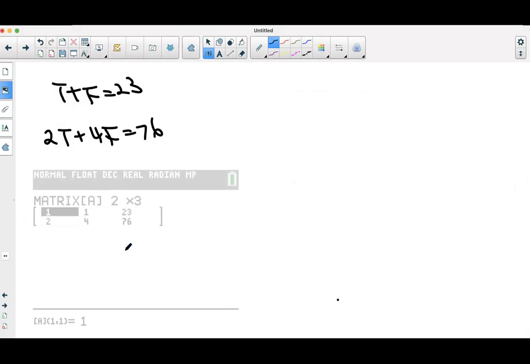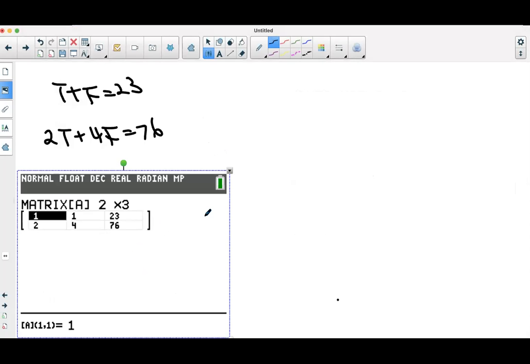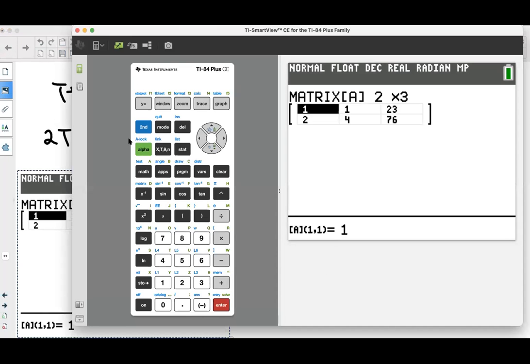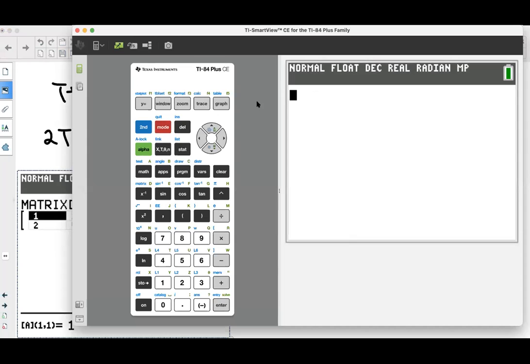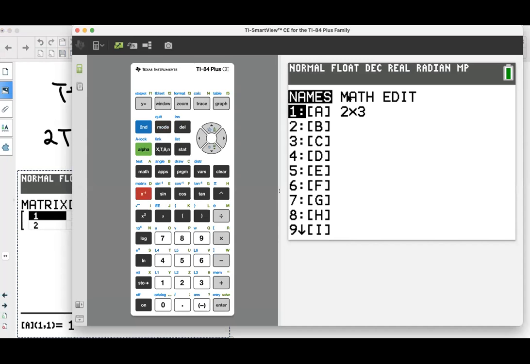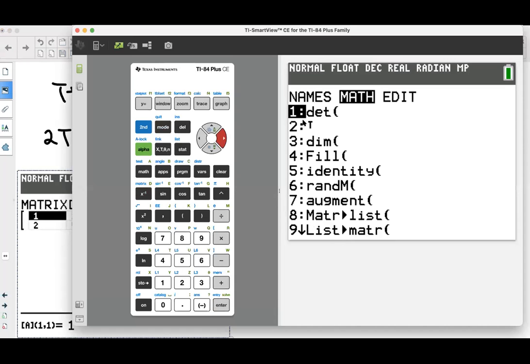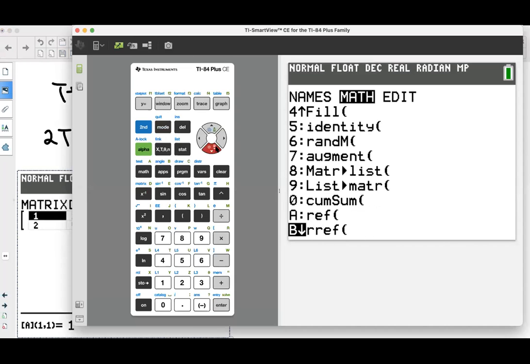So first, I need you to put them into the matrix. Once you're done, I need you to go out of the matrix. Second, quit. And I want you to go back to the matrix and then do the math, and go all the way down to RREF.